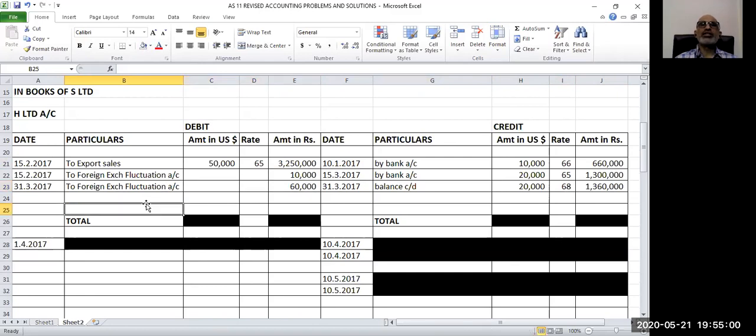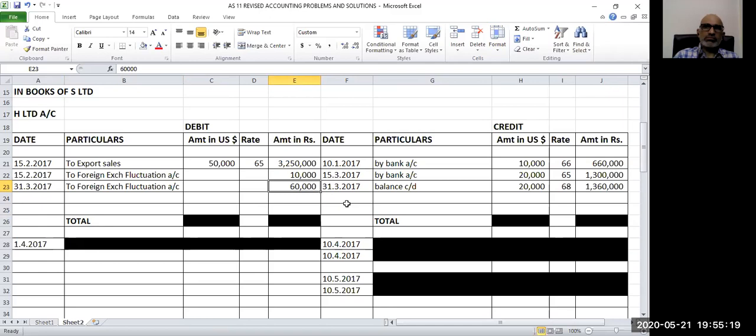How much would be the exchange gain? $20,000 are outstanding. 65 was the original rate of booking the sales transaction. Year-end rate is 68. So 3 rupees per dollar is the amount of gain. So 60,000 is the amount of gain.